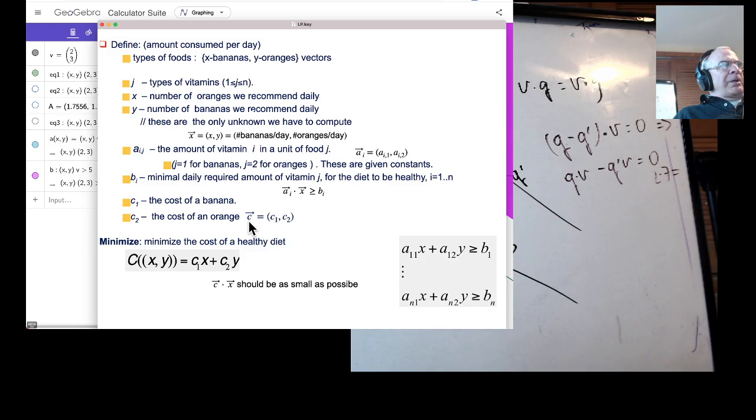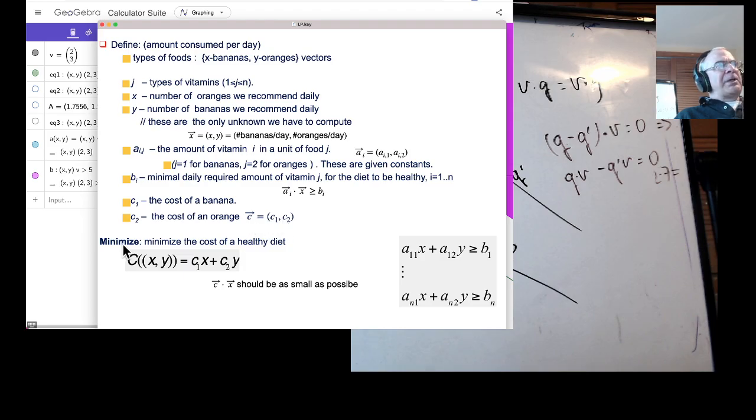Okay, now we are talking about the cost function, and in all the linear programming problems, the cost function needs to be linear as well. You told me C1 and C2, which is the cost of a banana and the cost of an orange. The vector C is the pair of the two.